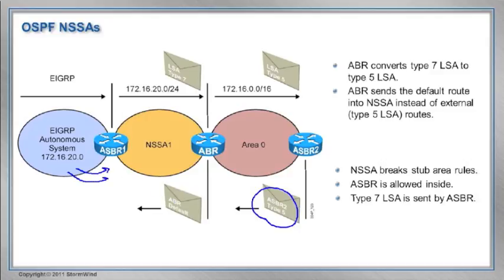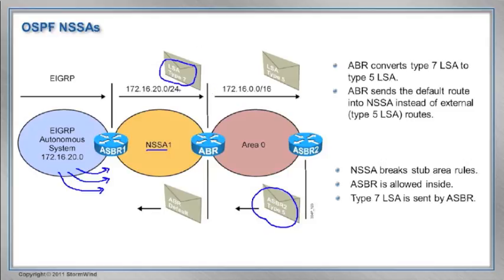Interestingly enough, we do have some external prefixes that we want to bring in through the stub area. Thus, the very appropriate name, Not-So-Stubby Area. So we're going to inject some prefixes in. Notice this is what the special type 7 LSA type is for.